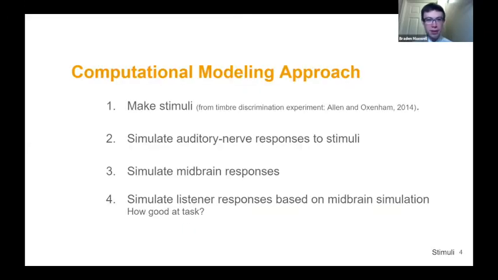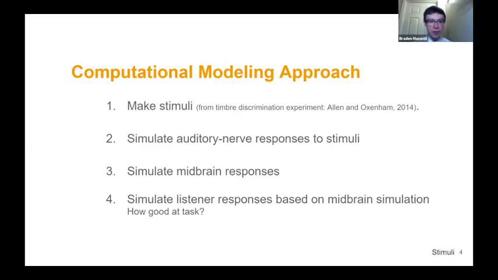Okay, so we have the midbrain. Here's our computational modeling approach. We have 4 steps. First, we replicated stimuli, and these are actually from one of Emily Allen and Andrew Oxenham's experiments in 2014. This particular study tested how far apart spectral centroids of 2 stimuli need to be for listeners to correctly identify which spectral centroid is higher.